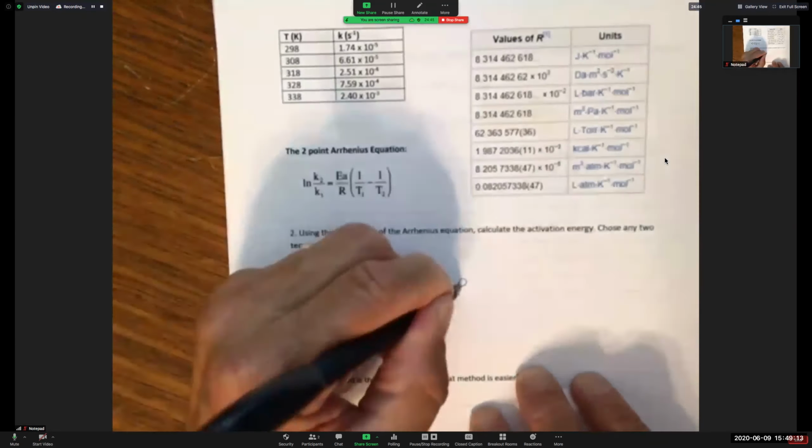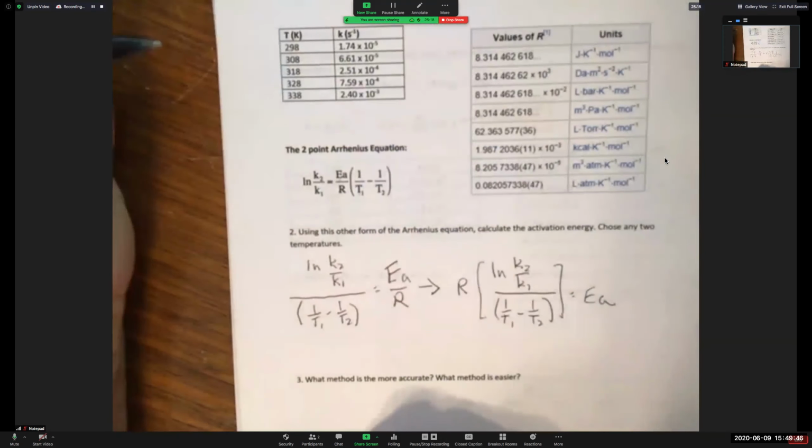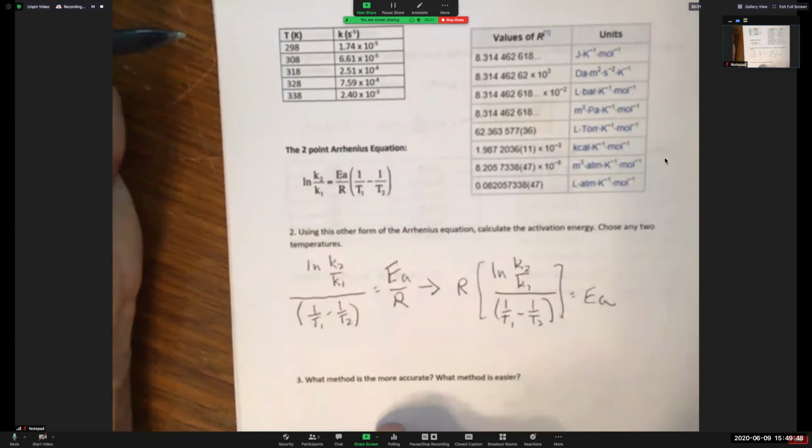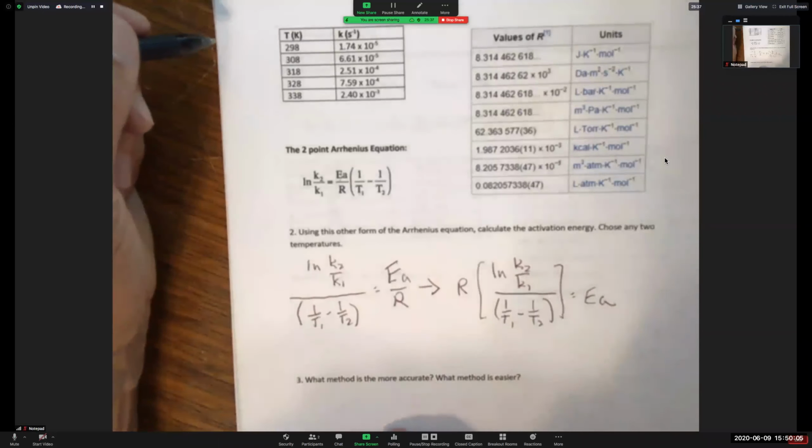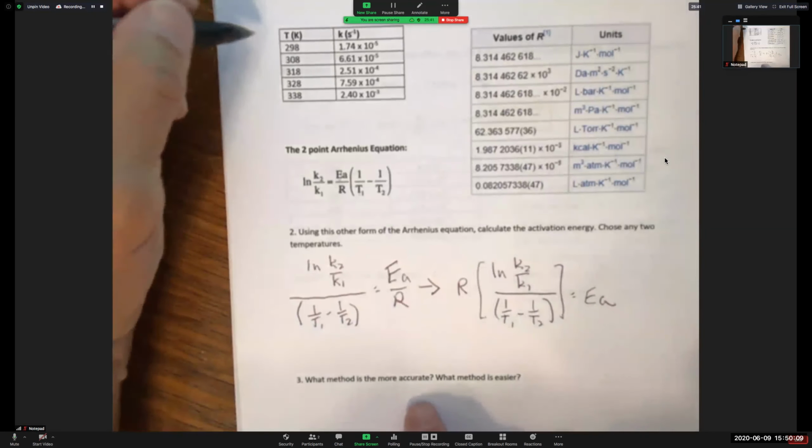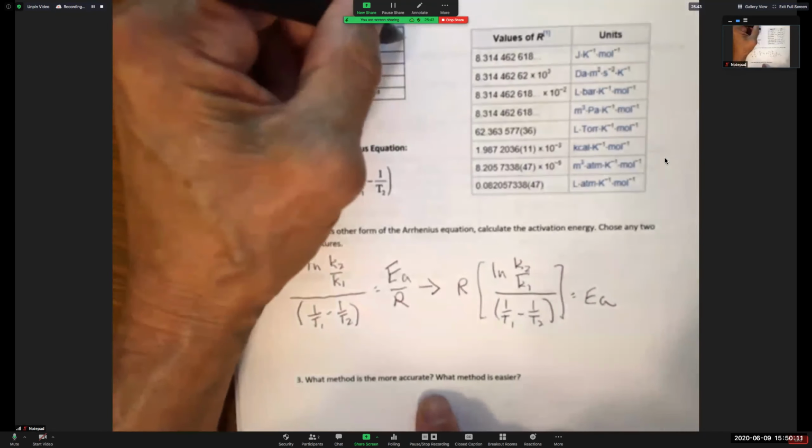So let's see how that turns out. You can use any two values of temperature and rate constants. It doesn't matter. It probably won't come out exactly as our linear regression because that's more of an average of all of those, but it should be close because our correlation coefficient in that plot was very good. Let's just pick two temperatures, and I'll pick the top two.